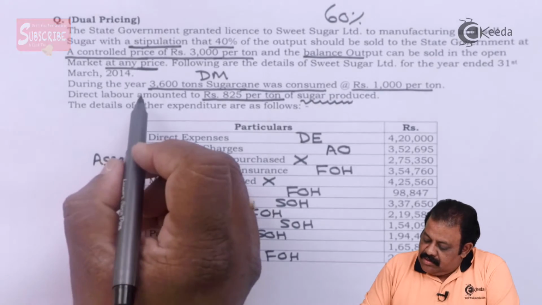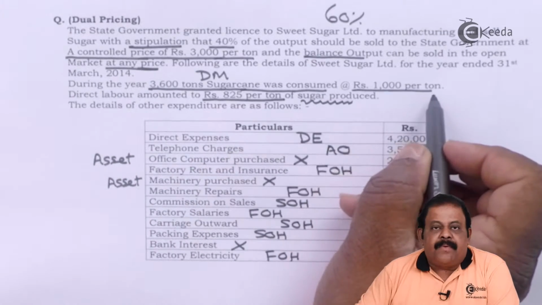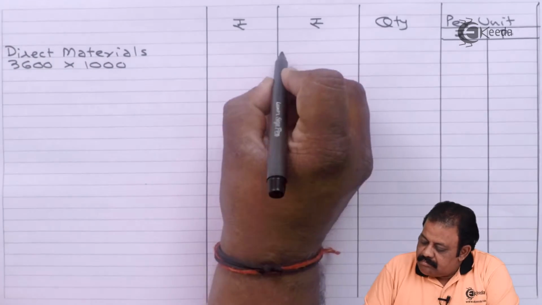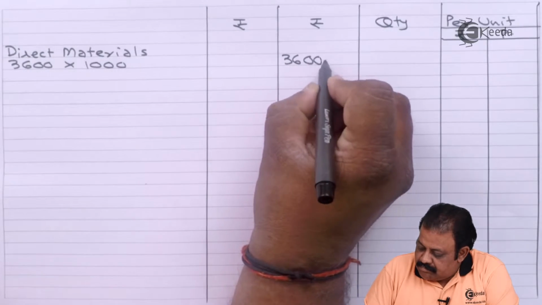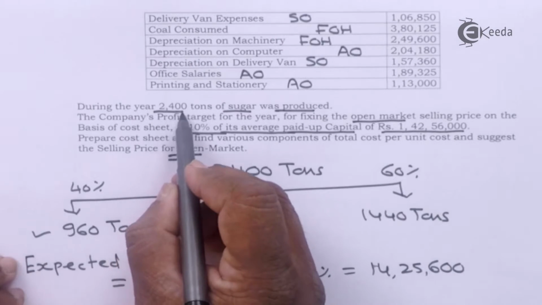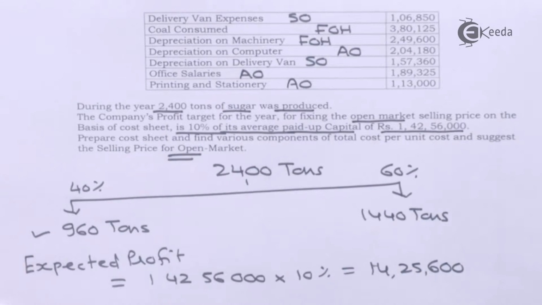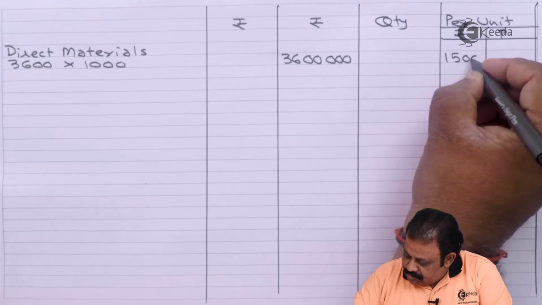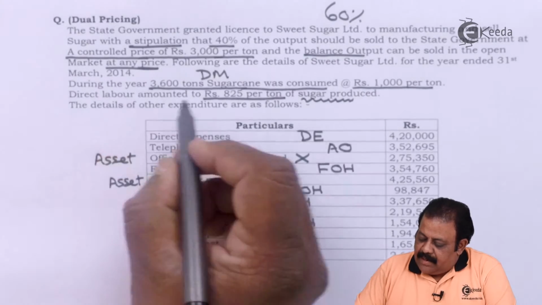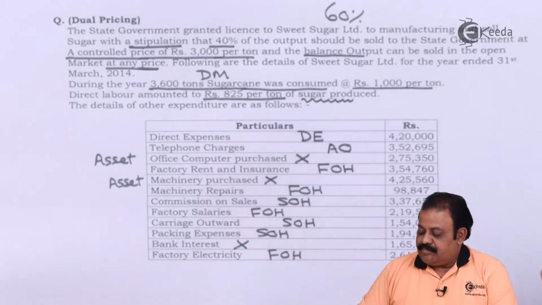Direct material: 3600 tons of sugarcane at the rate of 1000 per ton. It will be rupees 36 lakhs. During the year 2400 tons of sugar was produced. So we can calculate per unit direct material cost. Direct labor amounted to rupees 825 per ton of sugar produced.